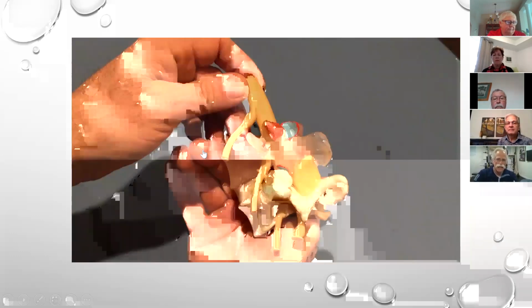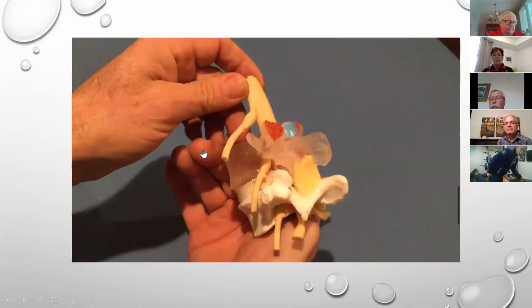So if I was to, and if you can see me now, if I bend my knee, there you go, if I bend my knee and bend my head forward, I cause my neural tract, my spinal cord, to migrate towards my head. And when I flex my hip and my knee and I look up, I migrate it the other way.